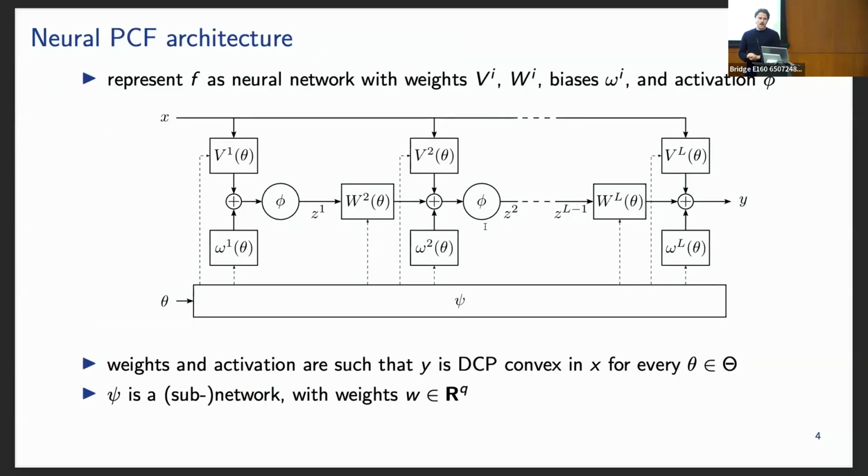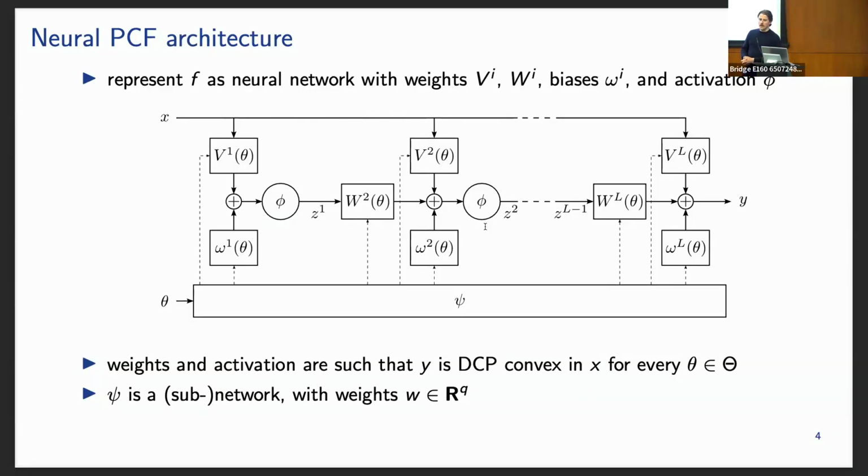The idea of this framework is to create a simple neural network architecture that follows the DCP rules. We can see on the top left the variable x and the parameter theta as input, and then the expression y that comes out of it is a DCP expression. The idea is then to learn all these weights, V, W, omega.